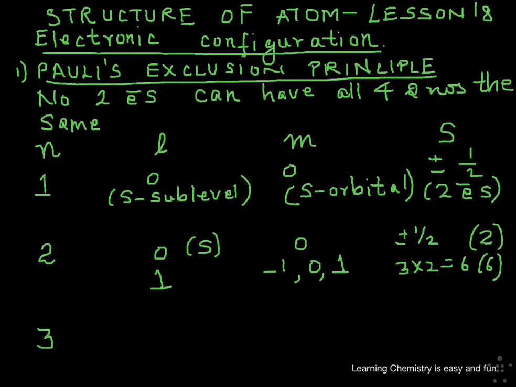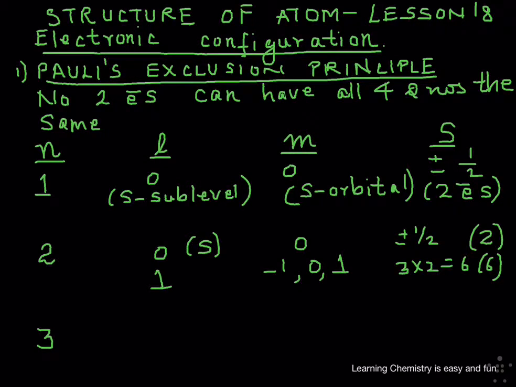So, we shall be listing the electrons on the basis of n, l, m and the spin quantum number: n principal quantum number, l azimuthal quantum number, m magnetic quantum number, and the spin quantum number. For the first energy level, the value of n is 1.